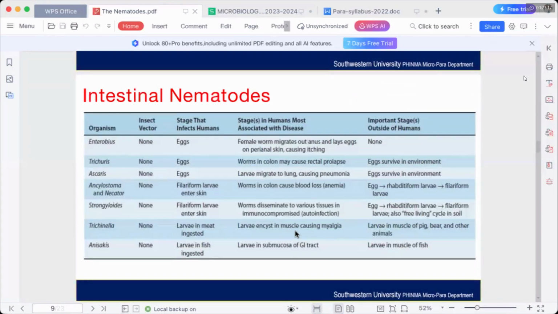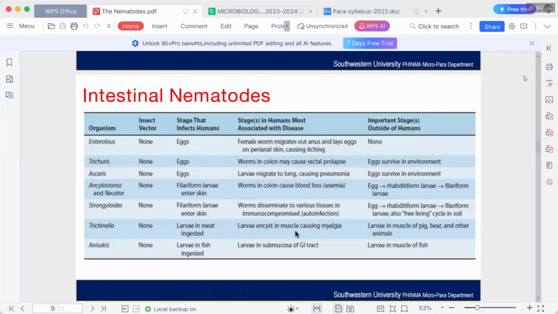So these are the examples of the most clinically encountered intestinal nematodes. You have your Enterobius, your Trichuris, your Ascaris, your hookworms, Strongyloides, Trichinella, and Anisakis.